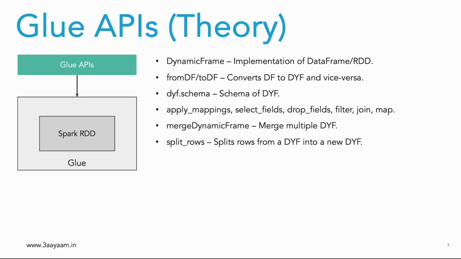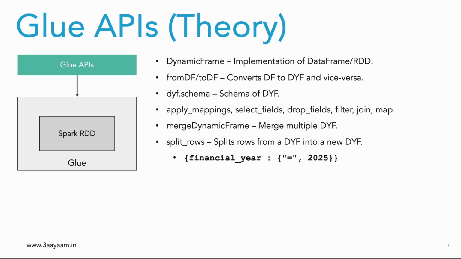Then you have split rows, which is not there in either data frame or RDD. Glue provides this split rows API, which can be used to split a number of rows from one dynamic frame into a new dynamic frame. For example, let's say you want to split based on financial year equal to 2025, then the rows would be split as per the financial year.